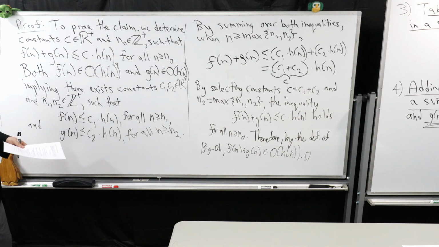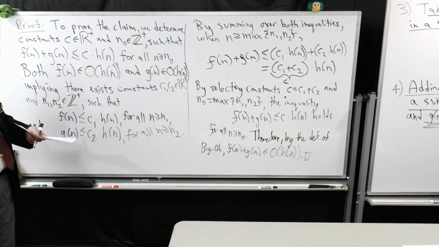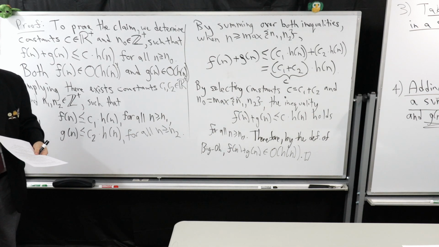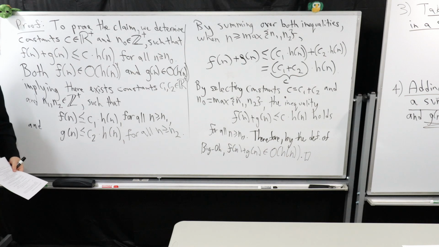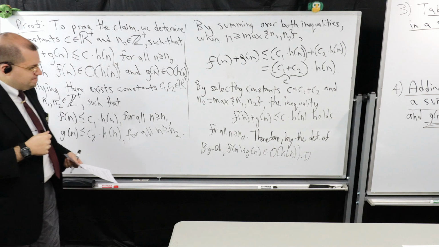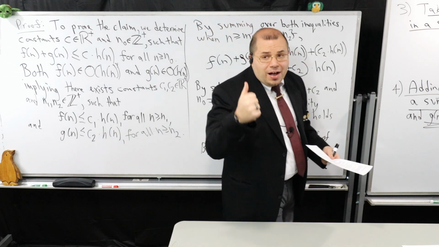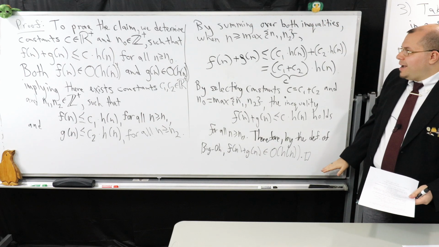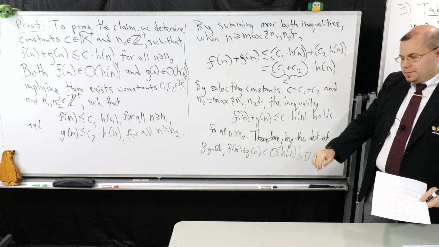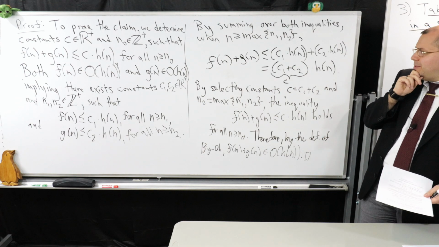But yeah, if you pick any c that's bigger than or equal to c1 plus c2, that will work. But usually it's nice when you can derive it directly like this, if you can. But remember, you just got to find one. That's all you need to do. Okay, so is everybody okay with this proof? Is everybody going with this?